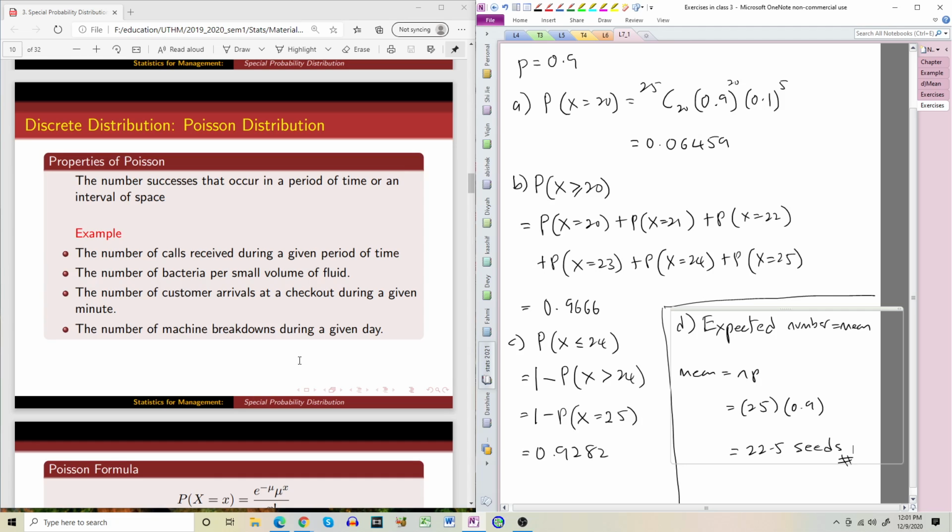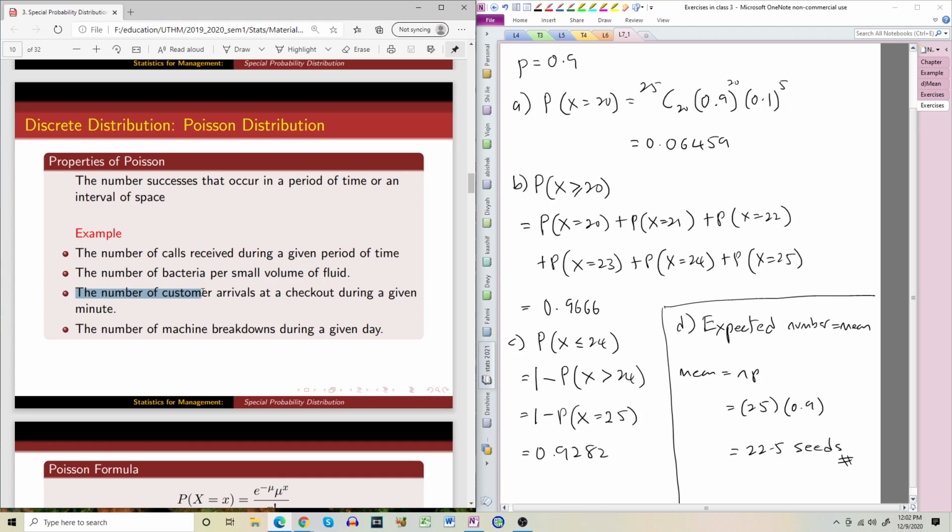For example, the number of calls received during a given period of time. The given period of time is the limit, the bound. The number of bacteria per small volume of fluid is the bound.